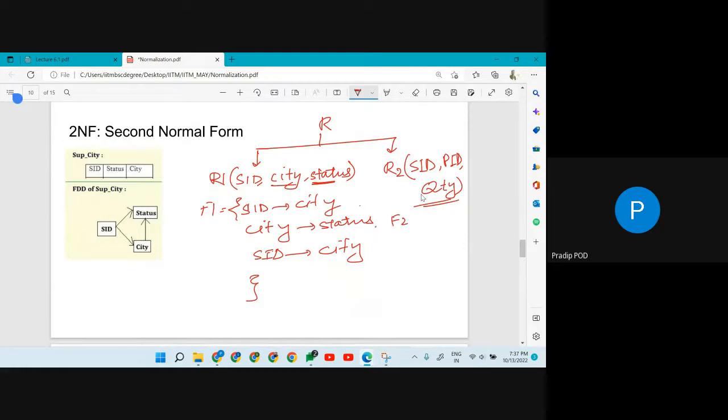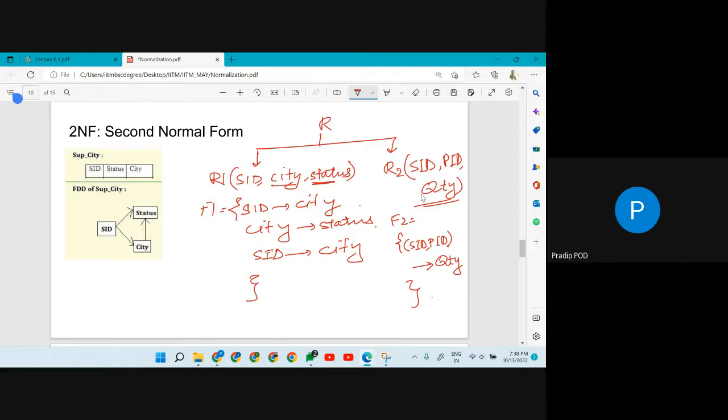So F2 contains SID, PID to quantity, right? We decomposed the relation R into two relations R1 and R2 because it violated the second NF condition.